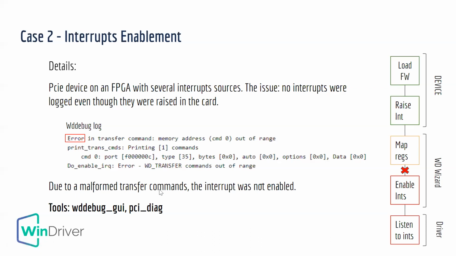Due to a malformed transfer command, the interrupt was not enabled. Therefore, it was not listened to. This case shows how convenient and time-saving the WinDriver debugger is. The self-explanatory log could save us a lot of time trying to understand exactly what happened and where the issue lies, and why we could not see the raised interrupt.